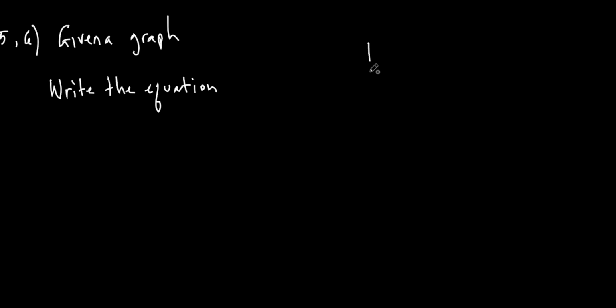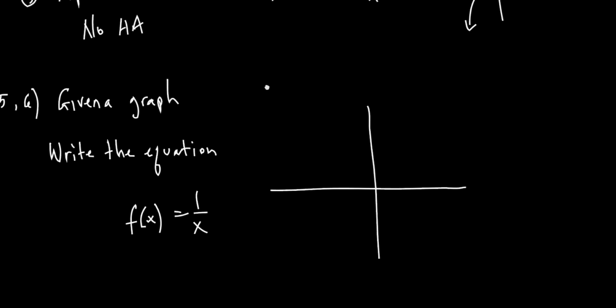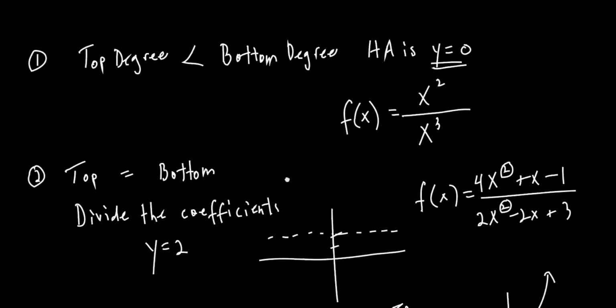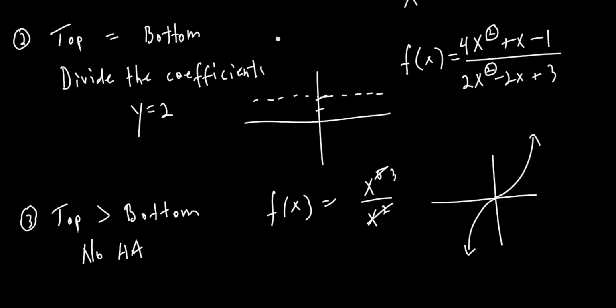Now, here's what they're basically going to look like. These are inverse graphs. So what's a basic inverse graph look like? F of x equals 1 over x. What does that look like? Well, you got a vertical asymptote, right? Let's go back and look at this. The degree of the top is less than the degree of the bottom.